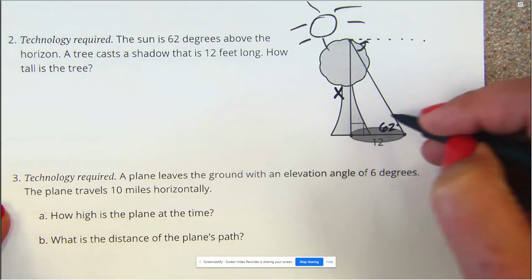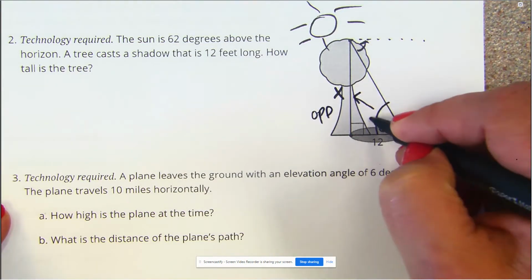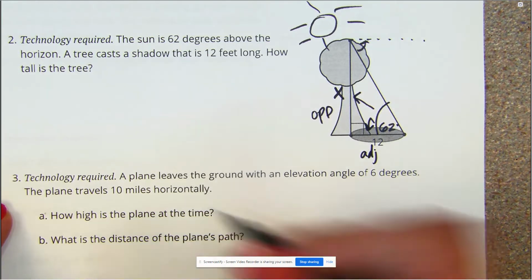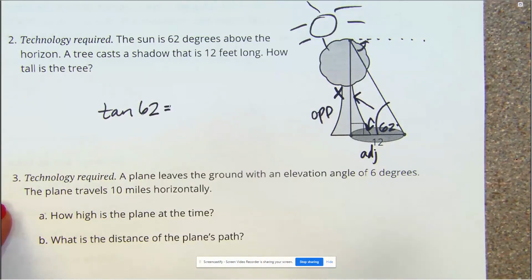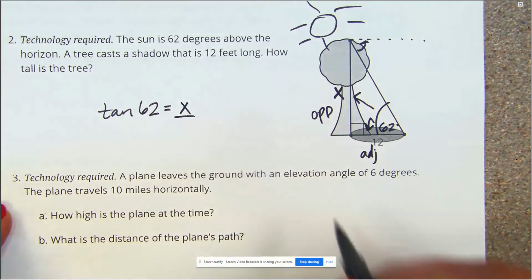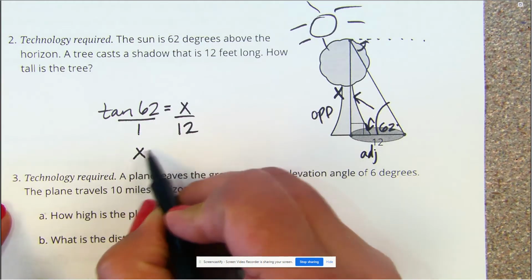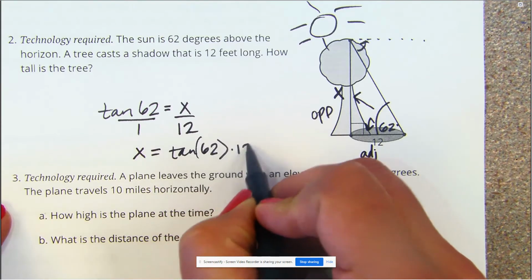All right, so we've got our 62 degrees, that's my opposite side. And the 12 is my adjacent side, which is tangent. So the tangent of 62 is x over 12. Put a 1 under this. X equals the tangent of 62 times 12.